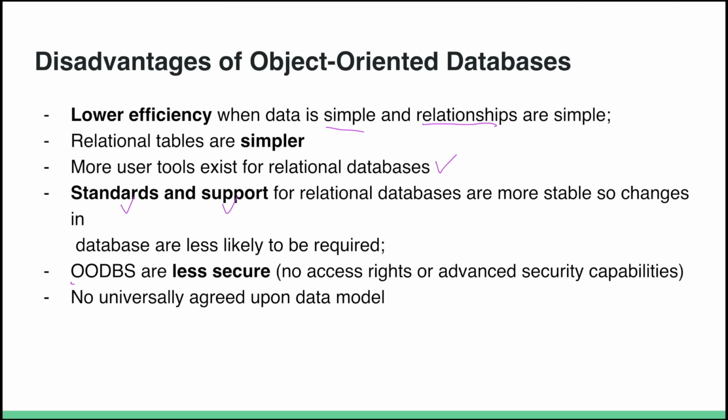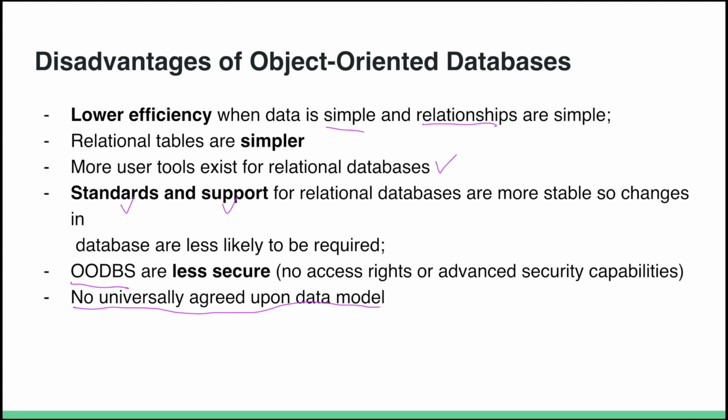Also, object-oriented databases are less secure. We don't have the formal access rights capability, or even backup capability, that's built into our DBMS systems with relational databases. Finally, this is the double-edged sword of object-oriented databases. They can be whatever you want.